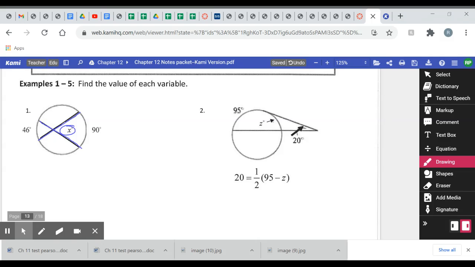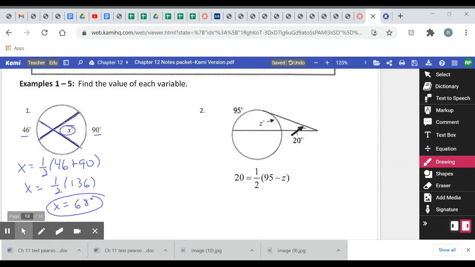So we need to take an average of these two arcs, this one and this one. So we know that x is equal to 1/2 of 46 plus 90. And if we work that out, we get half of 136, which gives us 68 degrees.